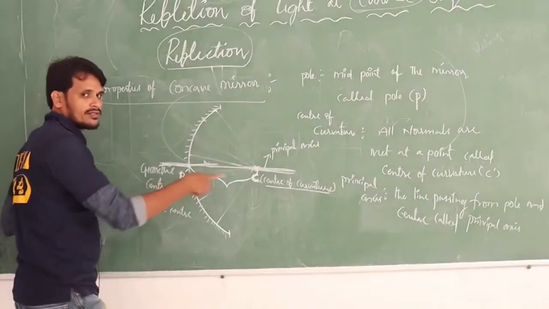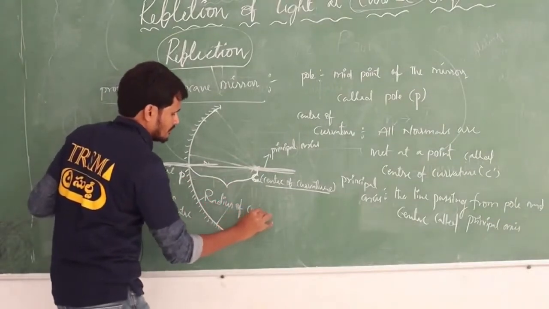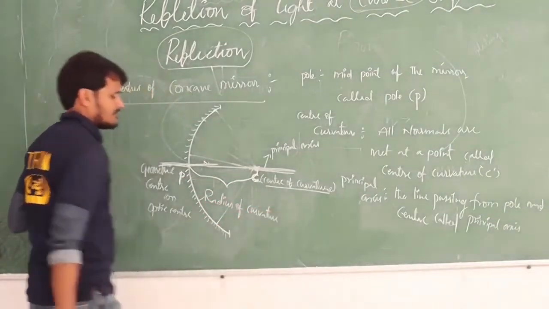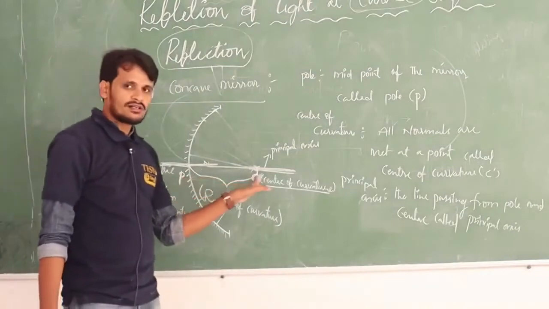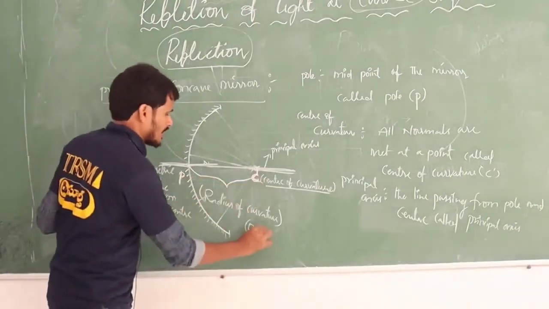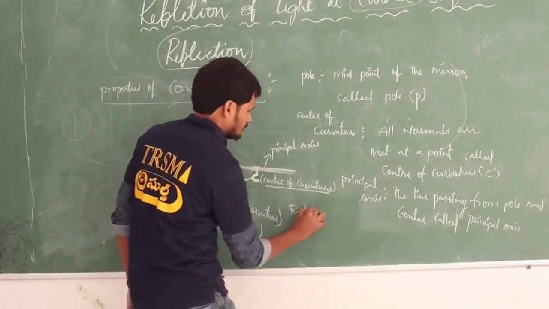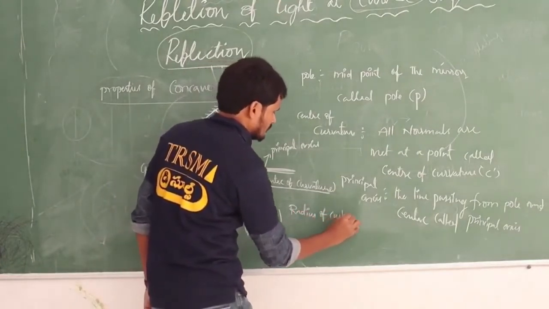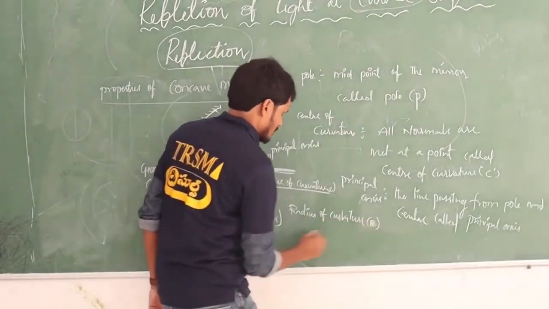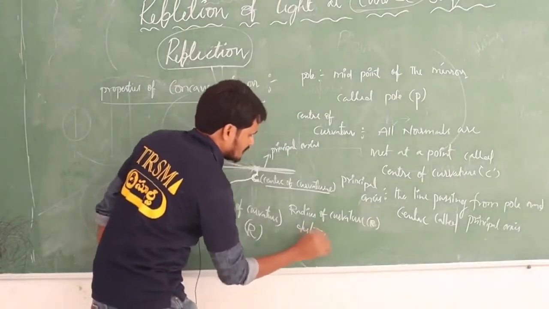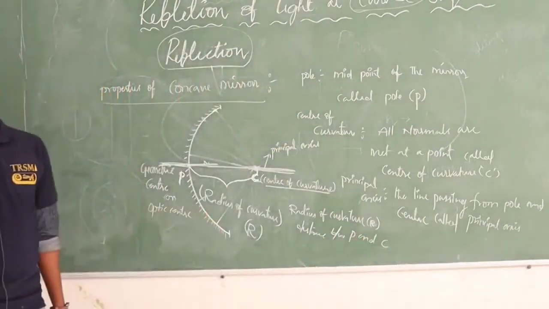The distance between the pole and the center is called the radius of curvature, denoted by capital R.